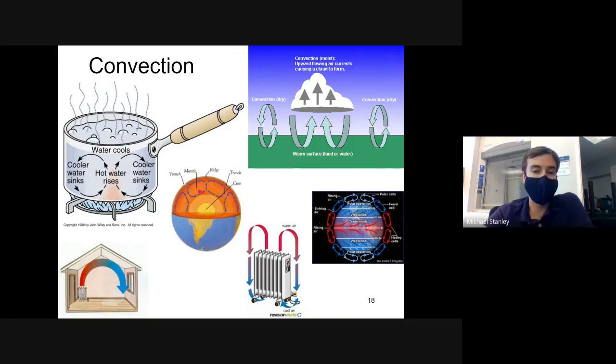In the mantle, where you have the lava layer underneath the crust of the Earth, you have the same thing happening, where the lava closer to the core, the middle of the Earth, is hotter, so it'll naturally rise up to the top, and then the cooler lava will fall down and create this cycle of heat being distributed throughout the mantle. So all of these are ways to move heat into cooler areas. In convection, it just happens in this kind of cycle pattern.